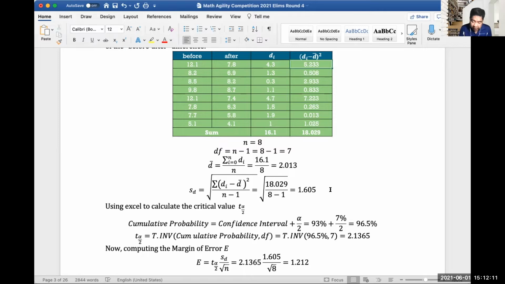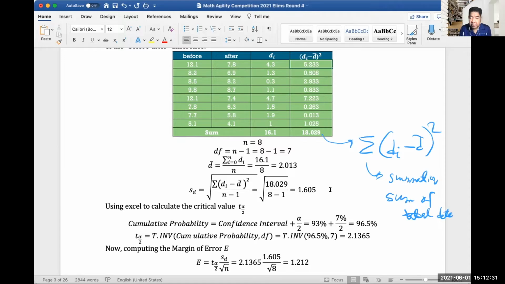This is the sum total of the data we have, which is 18.029, and our sample is 8 minus 1, and the standard deviation will be 1.605. Okay, so now we're done with standard deviation.